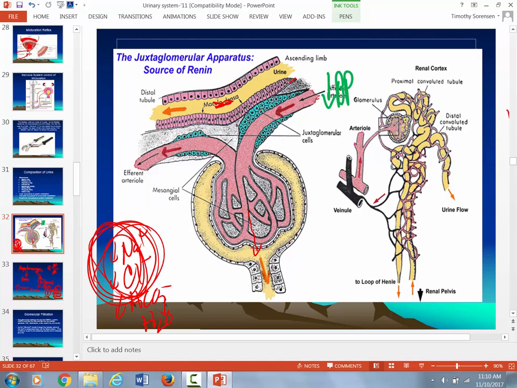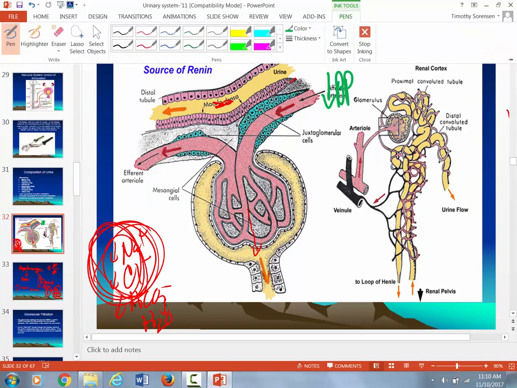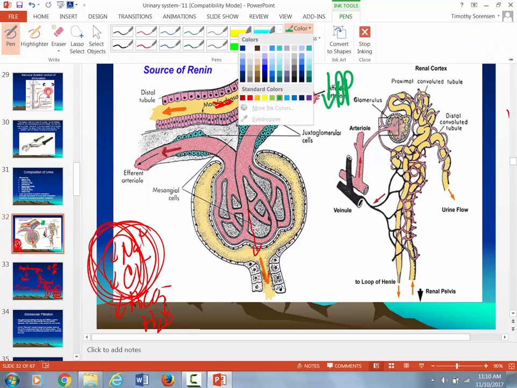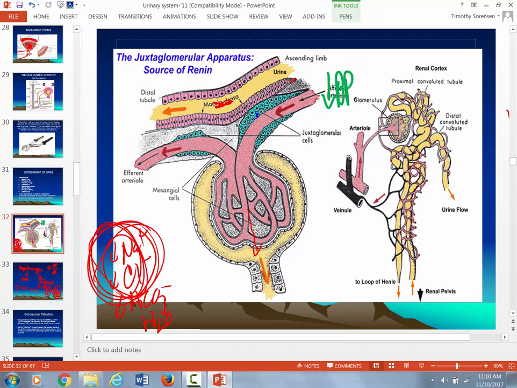So as that afferent arteriole becomes flattened due to low blood pressure, it's going to stretch those juxtaglomerular cells. Who's following this? And when they stretch, they release into the blood, you better write this down, an enzyme called renin.